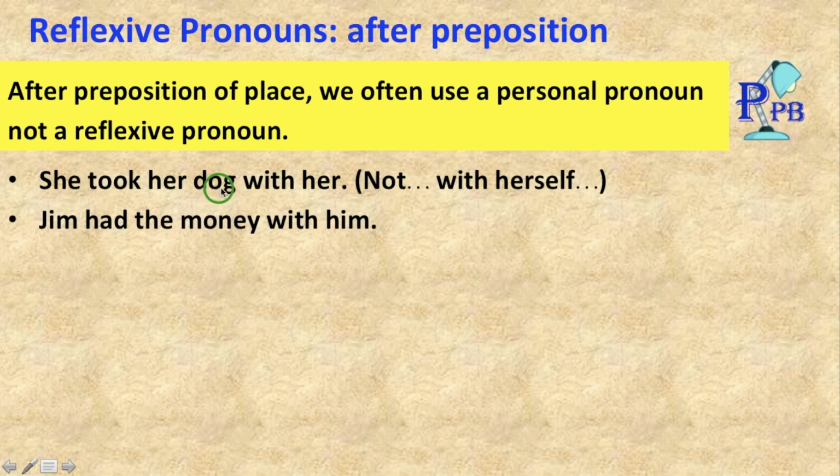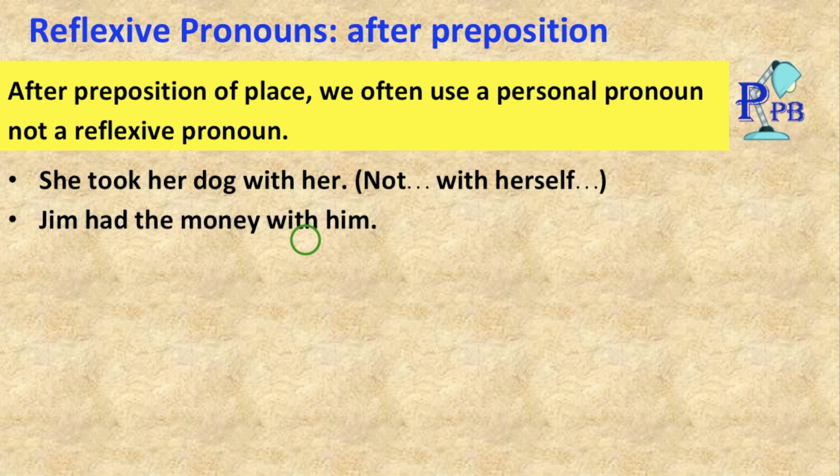She took her dog with her, not with herself, because with is a preposition and with that preposition we have to use a personal pronoun instead of a reflexive pronoun. Jim had the money with him. Here also we have to use a personal pronoun instead of a reflexive pronoun.